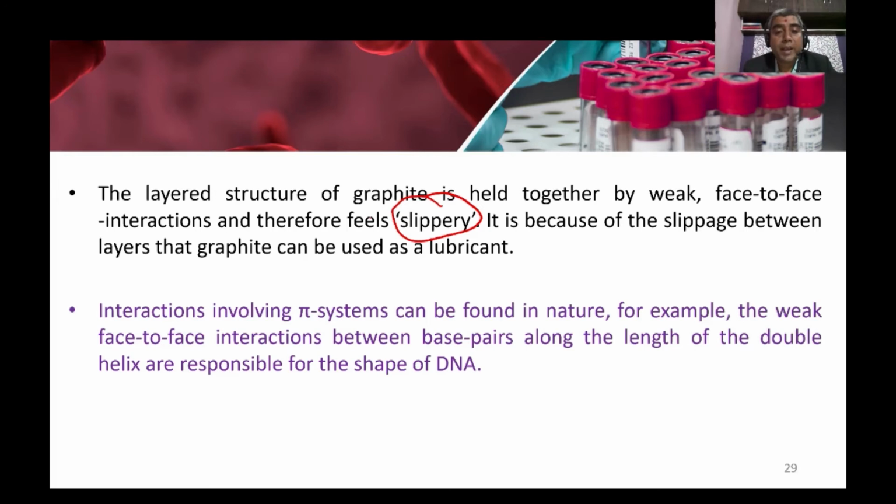Interactions involving pi systems can be found in nature. For example, the weak face-to-face interaction between base pairs along the length of the double helix is responsible for the shape of DNA, which we already discussed in supramolecular chemistry in nature.